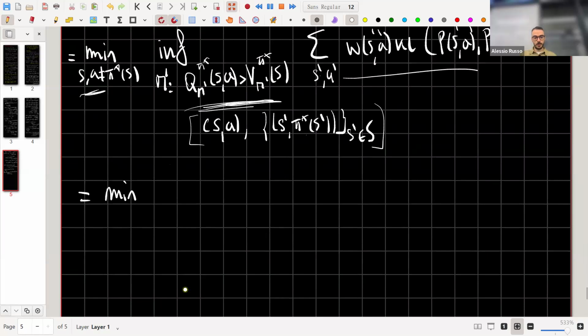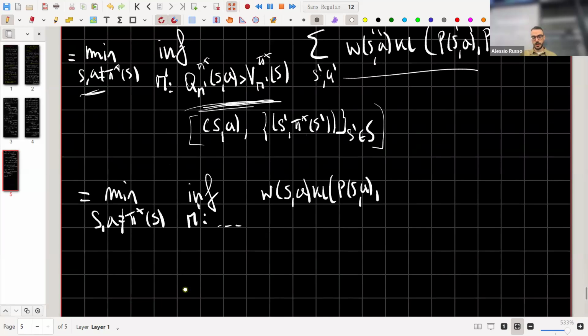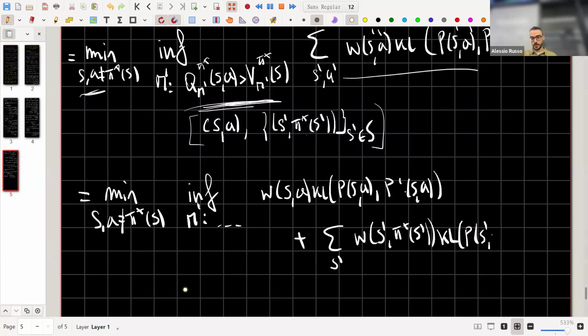So this will become equal to minimum over SA different from pi star of S, infimum over M prime such that this inequality holds of W SA KL PSA P prime SA plus sum over S prime W S prime pi star S prime KL P S prime pi star S prime, comma P prime S prime pi star S prime.